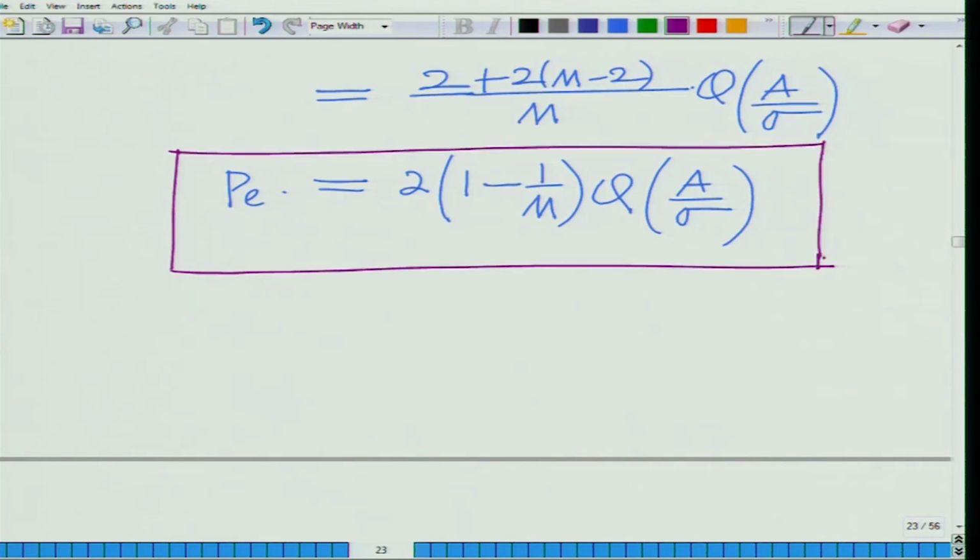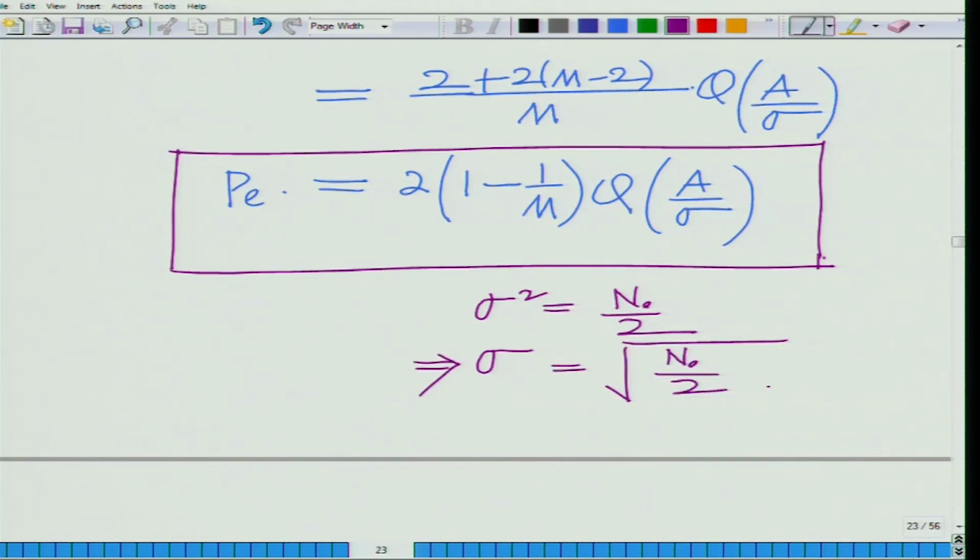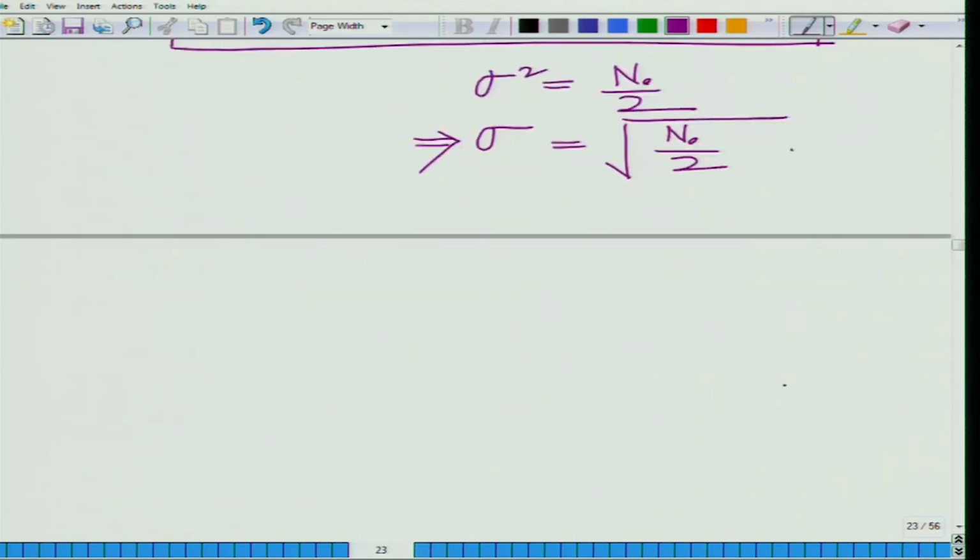Now, all we have to do is substitute the expressions for A and sigma. Sigma is very simple: sigma square equals the noise variance, N naught by 2 times E_p, and E_p is 1, so it is N naught by 2, which implies sigma equals square root of N naught by 2. As for A, we have already derived it very elaborately for M-ary PAM.